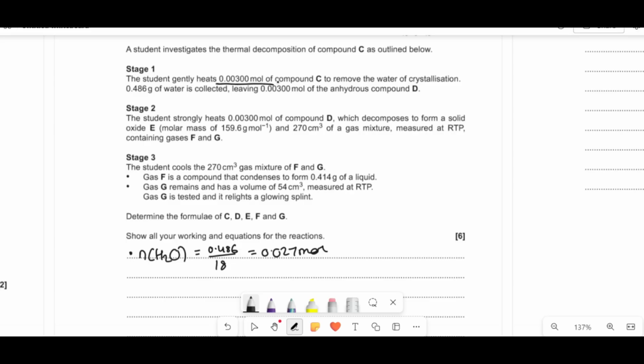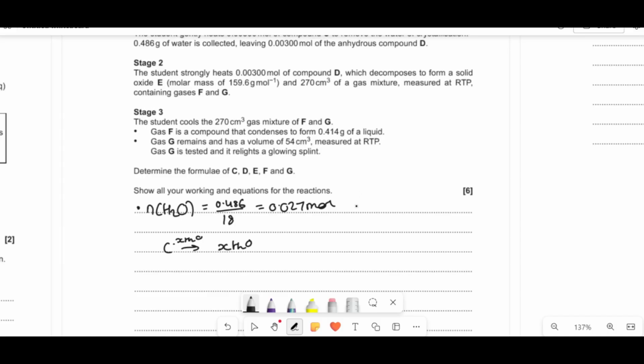They've told you here we had 0.003 moles of C, and it eventually loses its water. So we have 0.027 moles of water, and we can work out the ratio of the two, because we know how many moles of C we had. So 0.003 to this, divide by the smallest number, you'll get 1 to 9. So therefore, the X in the H2O has got to be 9 H2O.